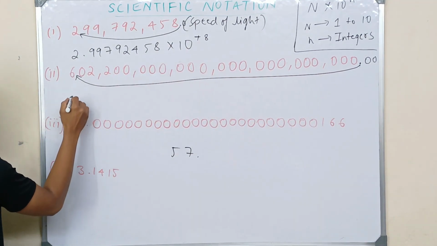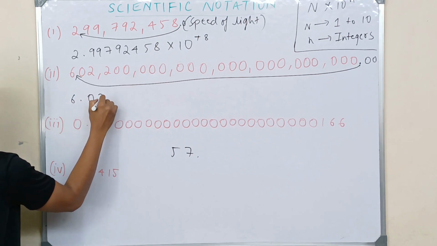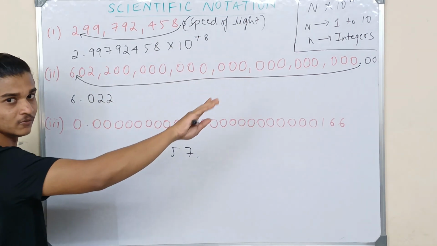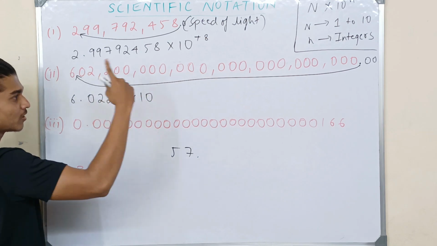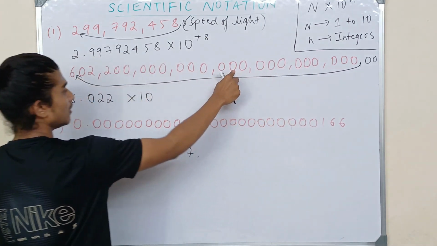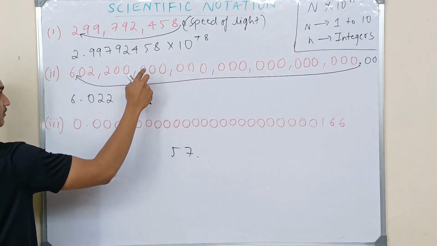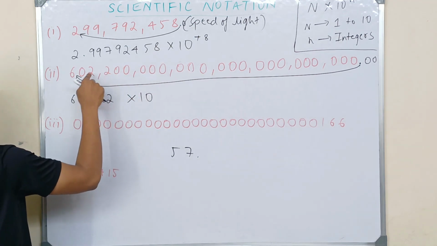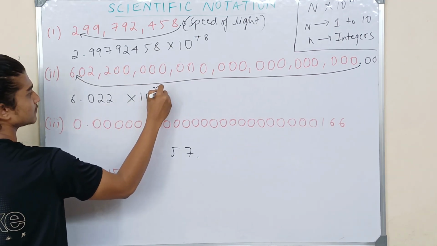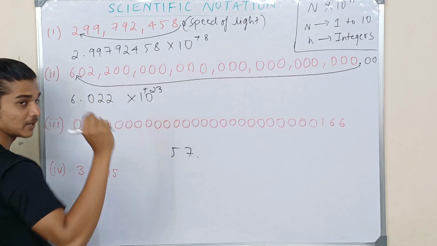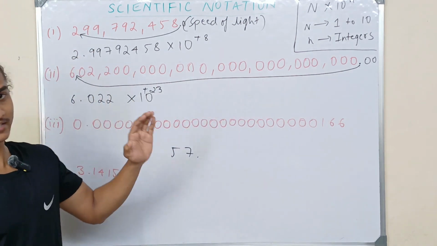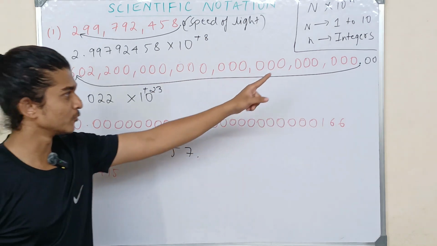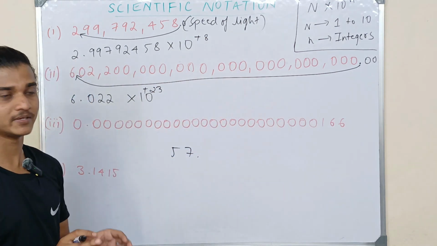So I'm going to write it in such a way that 6.022, since everything is 0, I don't have to mention all that, into 10 to the power, how many numbers have moved? 3, 6, 9, 12, 15, 18, 21, 22, 23. So plus 10 to the power 23. Why plus? Because I have moved the point towards the left. Remember, if you move towards right, it is minus, whereas if you move towards left, it is plus. This is the basic rule.